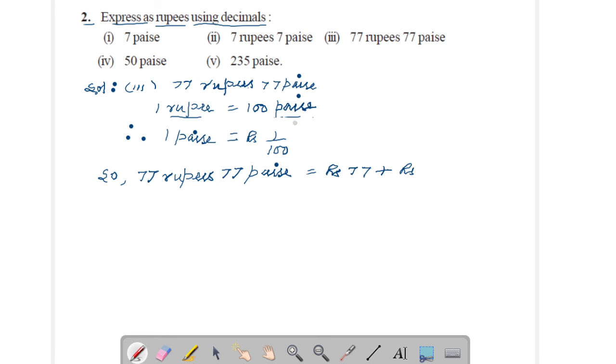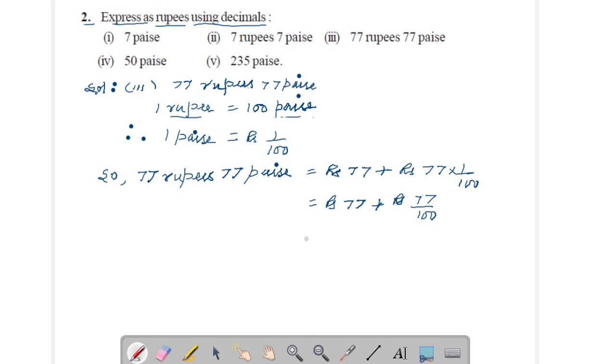The 77 is multiplied by 1 upon 100. That is 77 into 1 upon 100. Convert it into decimal. This can be written as rupees 77 plus rupees 77 upon 100.